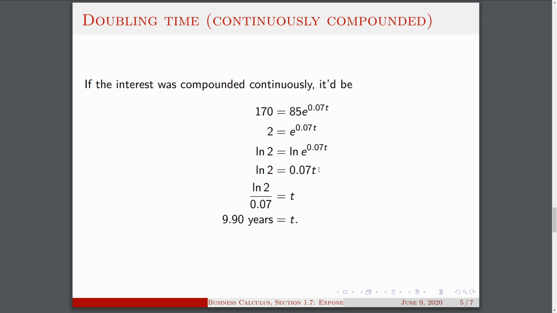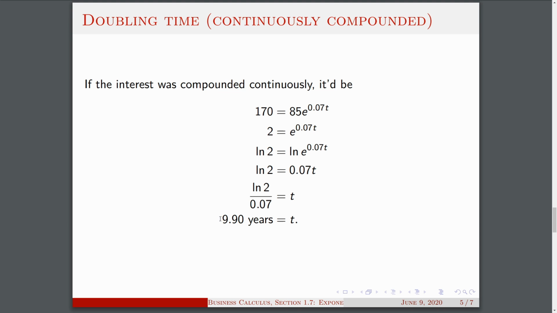And 1 times a number is just that number. So this simplifies just to the exponent. All right. And then I want to solve for t, so can I just divide by 0.07 on both sides? Yeah, I can do that. So I get the answer is ln of 2 divided by 0.07. And when I entered that in the calculator, I got 9.90 years.